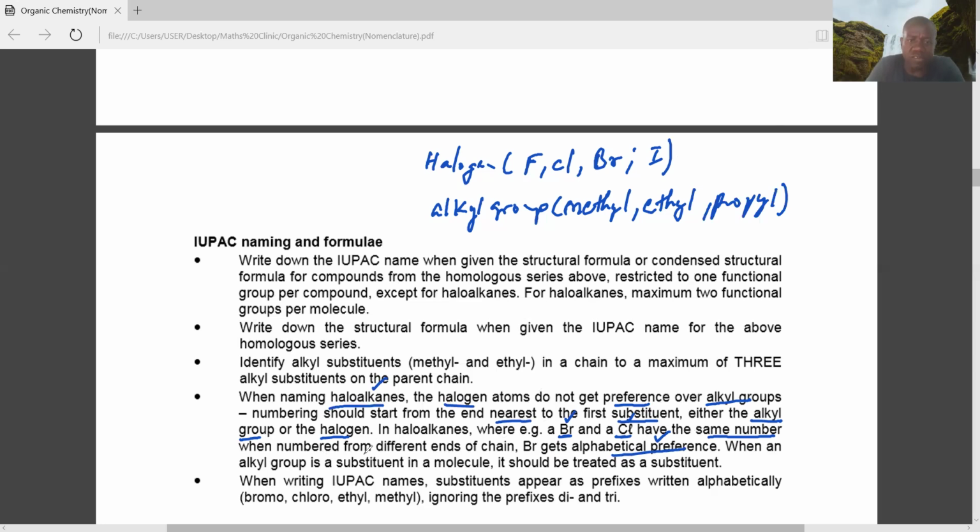When an alkyl group is a substituent in a molecule, it should be treated as a substituent. So when you are dealing with halo-alkanes, halogen atoms do not get preference over alkyl groups. But if they are both at the same position, what do you give preference to? The alkyl group.